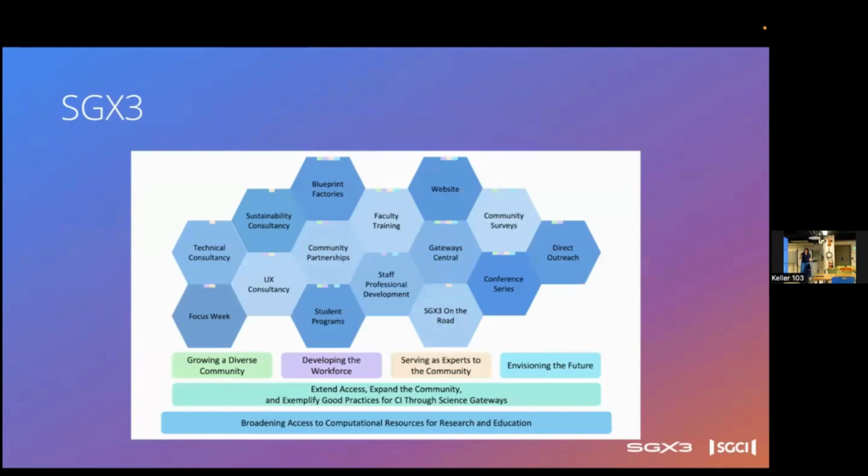And now it morphed into SGX3, a Center of Excellence for Science Gateways. Both existed, but I explain it better. We got less funding and we restructured our services, but we still have, for example, the community conference areas. We have direct outreach.